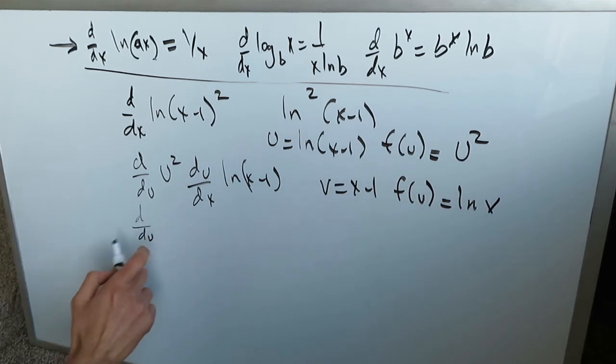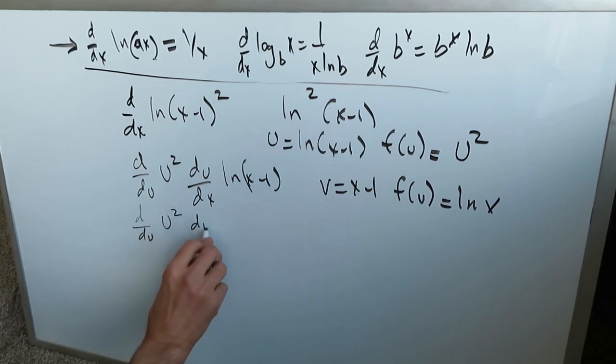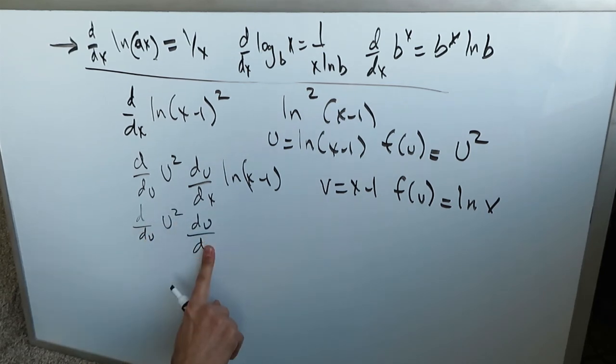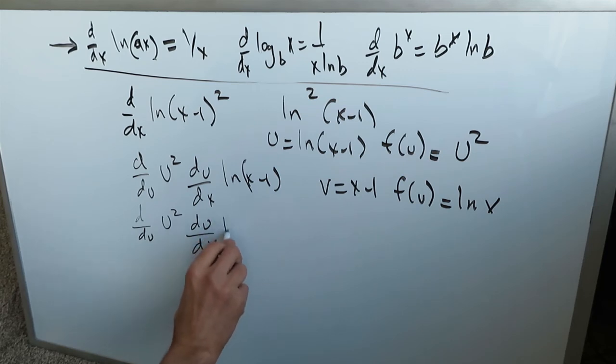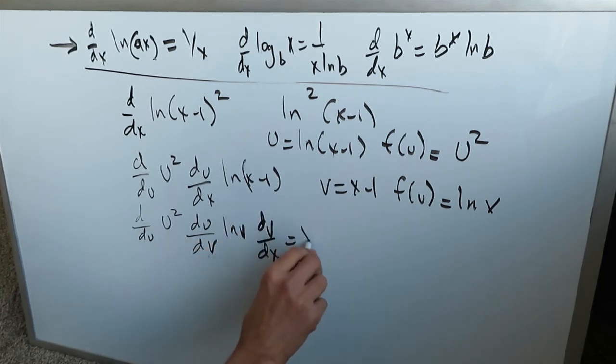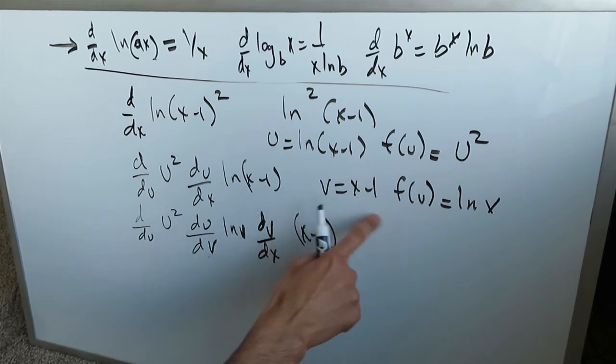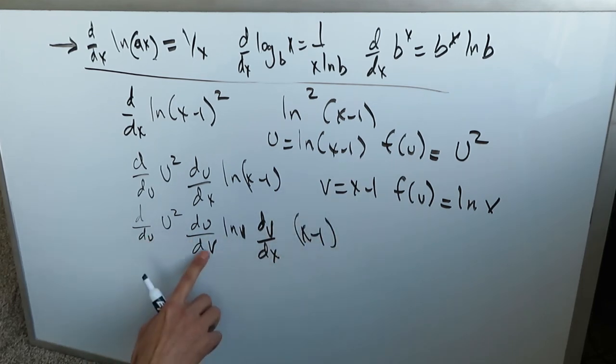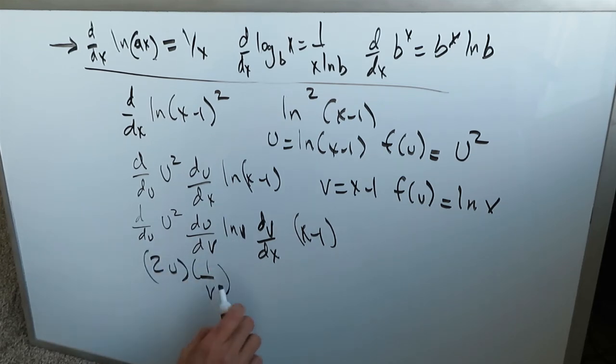Derivative with respect to that u, you have a u squared, and then the derivative with respect to that v, you have an ln v, and then the dv with respect to dx, you have x minus 1 right there. Now you just have to do the derivatives here across, which is not hard. You have a 2u over here, ln v becomes a 1 over v, and the derivative of x minus 1 is just a 1.